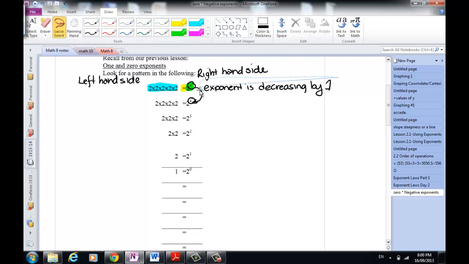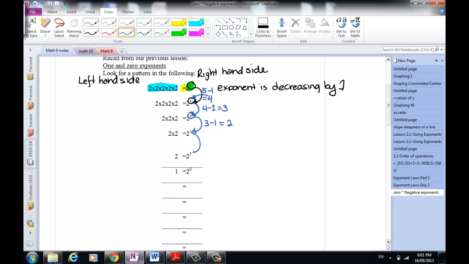Here you can see 5 was the exponent from the first one, and if I take away 1, I get 4, which is my exponent here. If I go from the second equation to the third, 4 minus 1 is equal to 3, and our exponent here is 3. If I go to the next one, again, the exponent is decreasing by 1. I started off at 3. If I take away 1, I get a square.